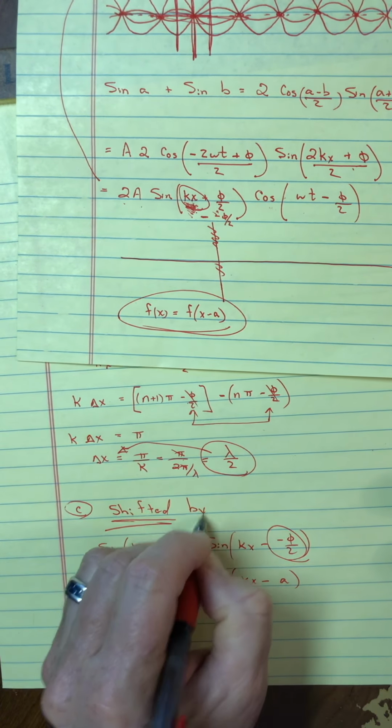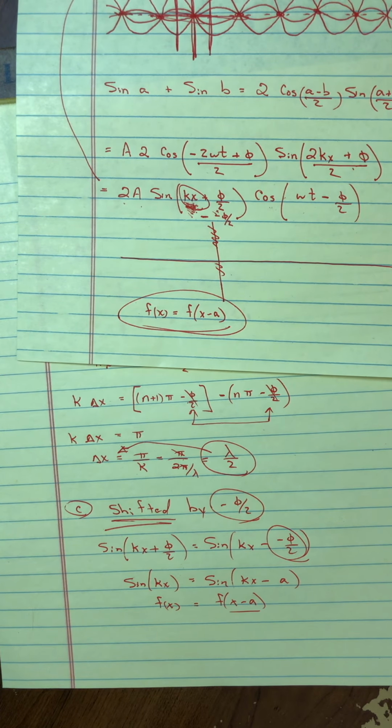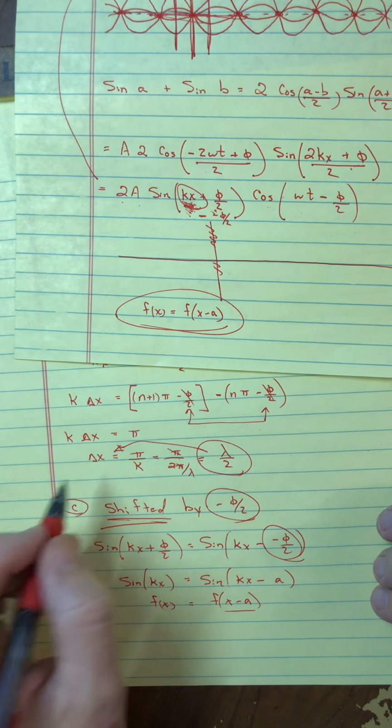And so maybe I should put shifted by negative phi over 2. Actually, I should be careful. That's actually the phase shift, but on the x-axis, I would be dividing by k.